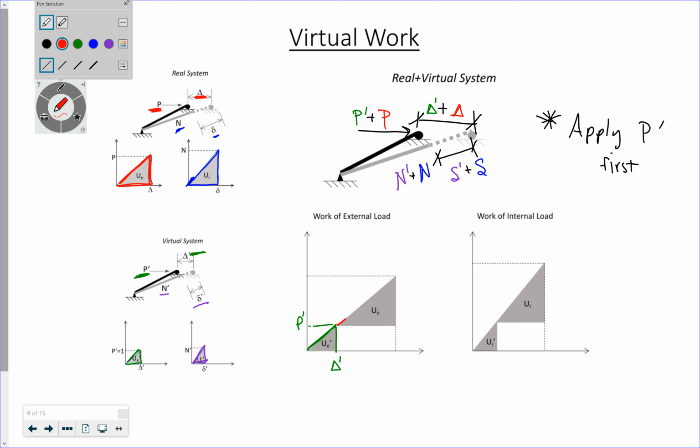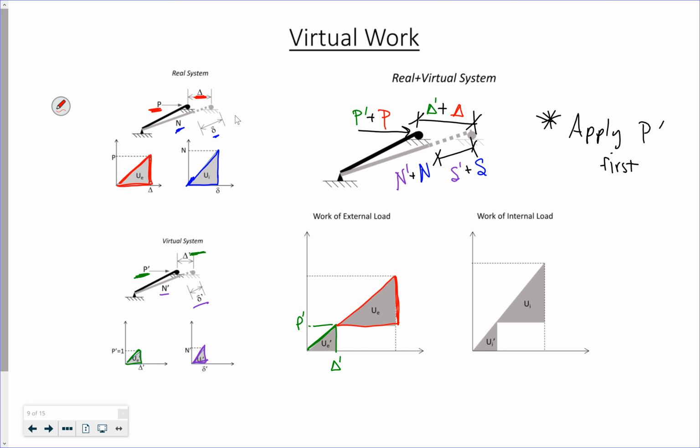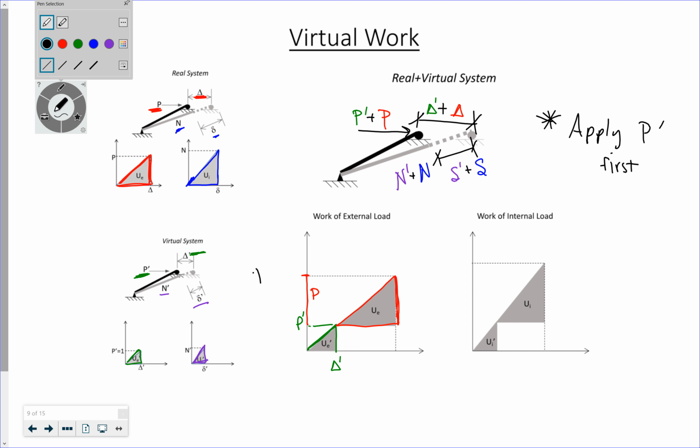Then I continue and I add P, so this value here, the total is P plus P prime.